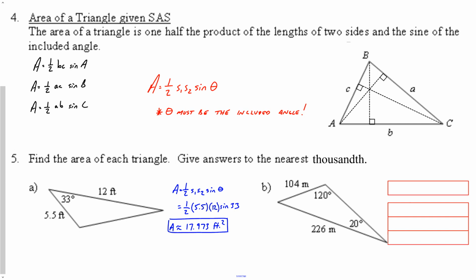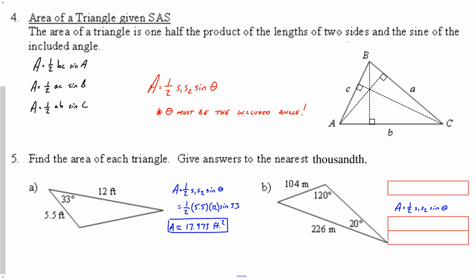In part B, we again notice we have side lengths, we have angle measures, but we don't have a right triangle, so we don't have a height. This is again a time where we would need to recognize that we are using the formula area equals 1/2 side 1 side 2 times the sine of theta. The issue here now, remember the little extra note up in number 4 where we originally found the formula: theta must be the included angle.